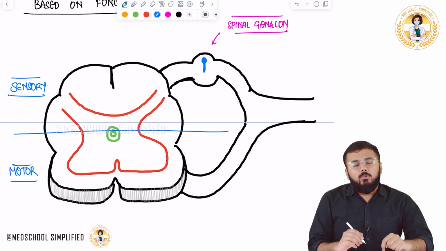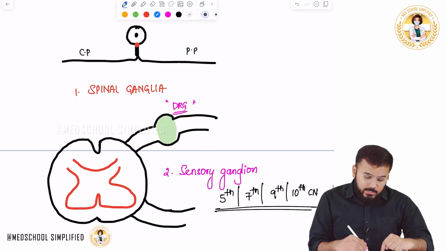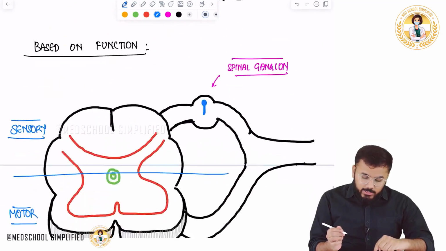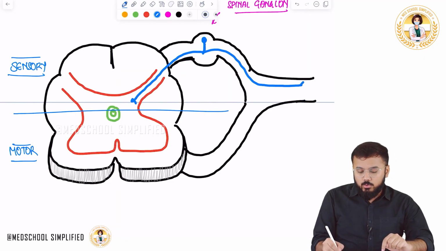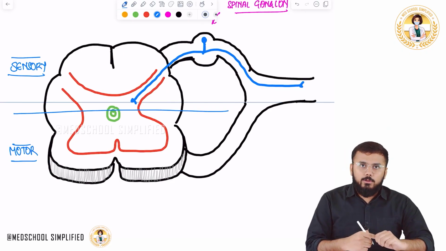In the spinal ganglion, what kind of neuron did we discuss? A pseudounipolar neuron, right? You see, there is one central process for this pseudounipolar neuron and one peripheral process that is going out. So this is called a pseudounipolar neuron.